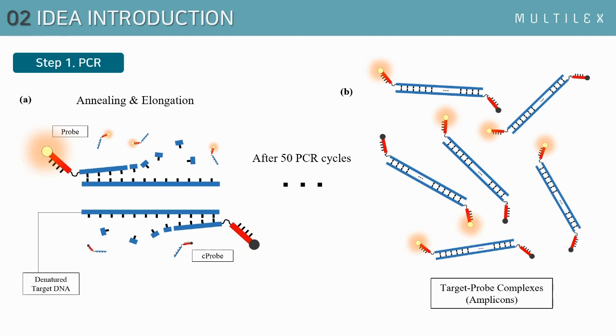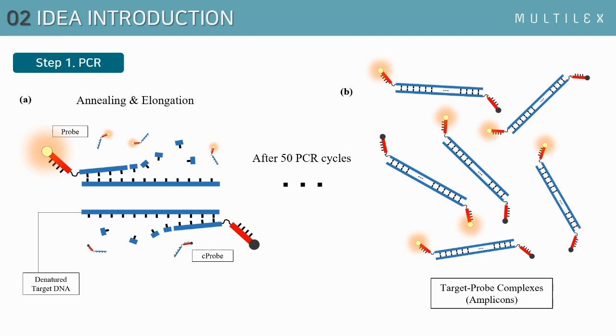So what is the difference? The shape of the amplicon is different because of the tail set. Megaplex amplicons, which we can also call target probe complexes, have a linear-like structure in which the tail and C-tail are each connected to both ends of the amplicon in single-strand form.